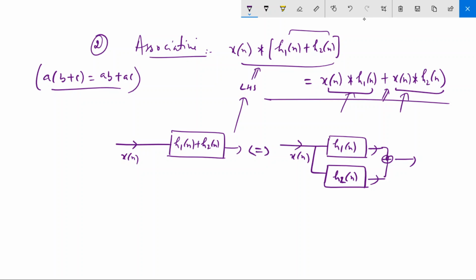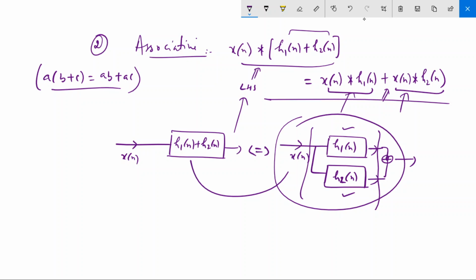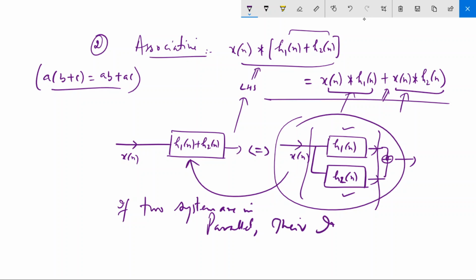So what it states is that these two systems, h1[n] and h2[n], are basically in parallel, and this system can be replaced with this system. It means if two systems are in parallel, their impulse responses are added together.